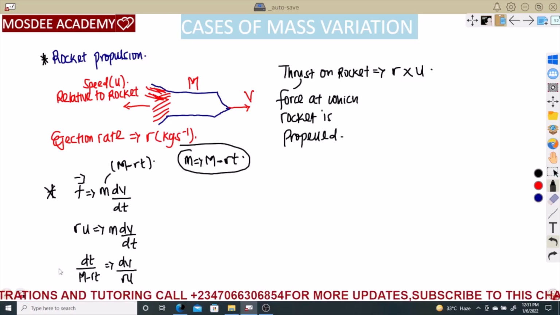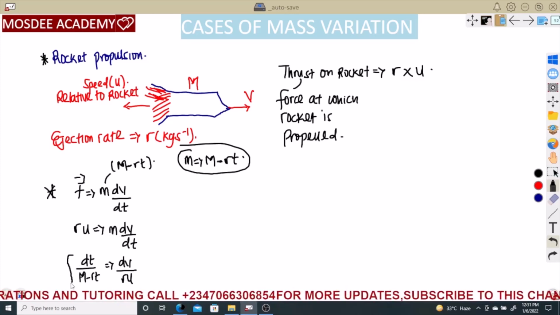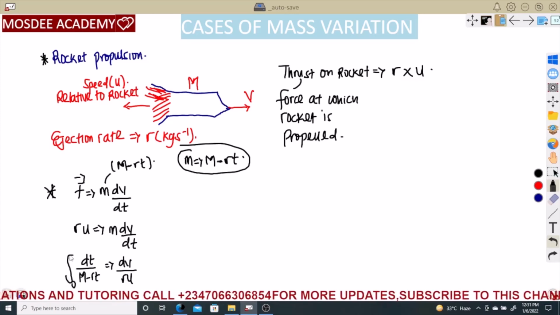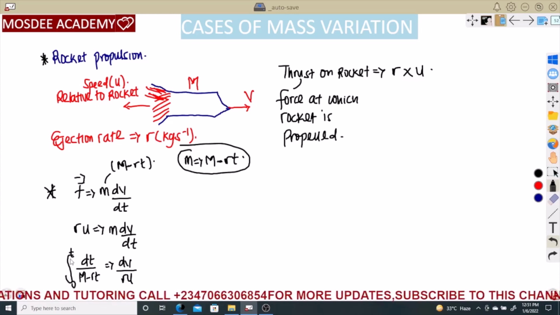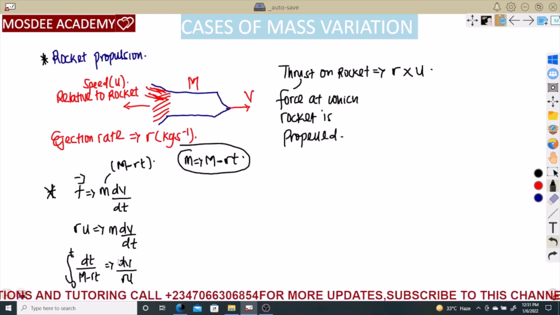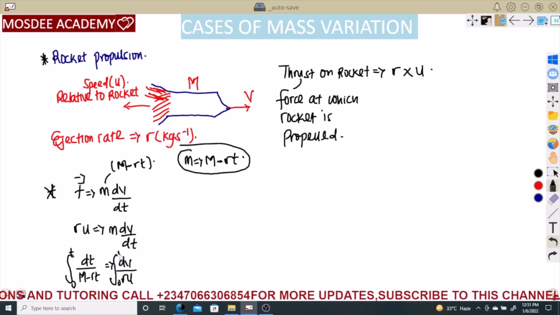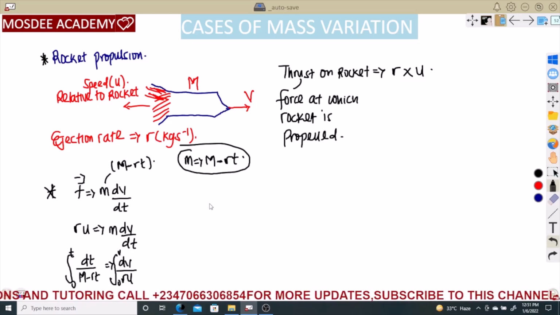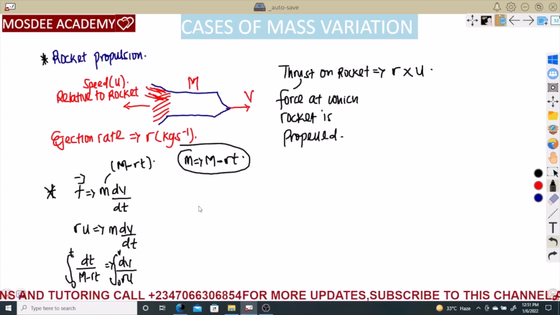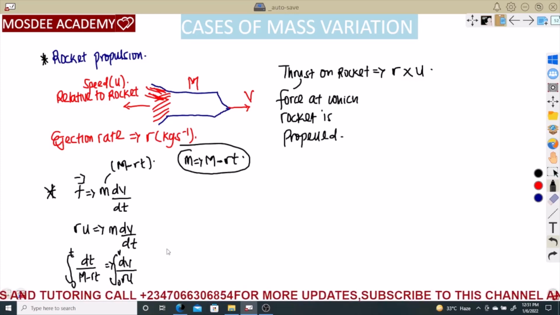So doing that, at a particular instance of time, I'm going to integrate from 0 to a particular point in time, and I'm going to do that also to this. Integrating both sides is a kind of simple work, which I believe you guys can do. Then I have dv over this one. dv will give you v.